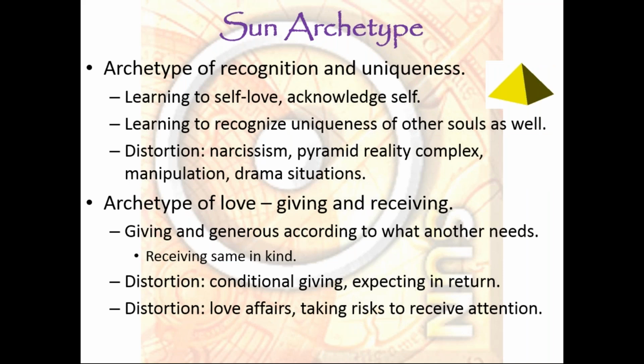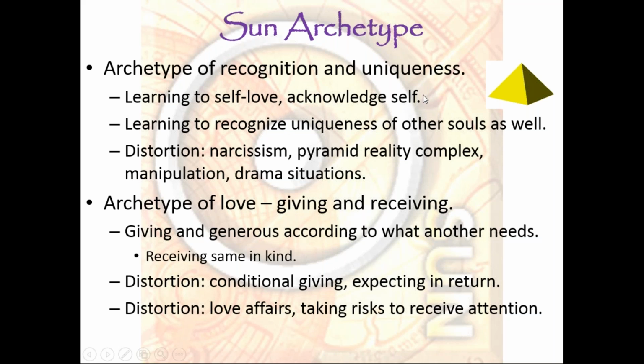The Sun is also the archetype of recognition and uniqueness. If we're going to go out there and create in the world, we want to be acknowledged for it. We want to be recognized for it. But within this archetype is learning to self-love, acknowledge ourself first.